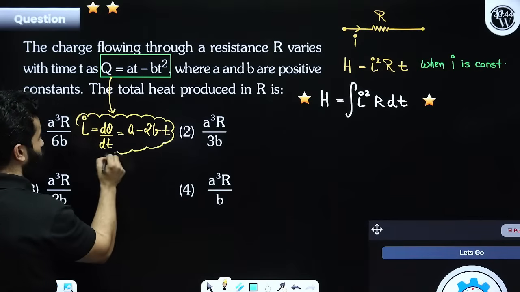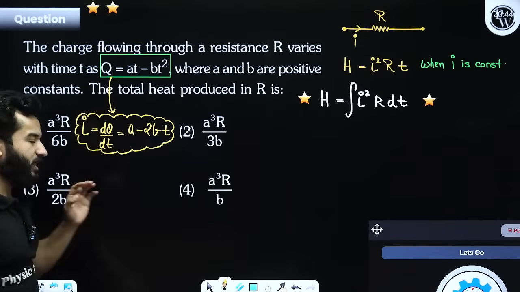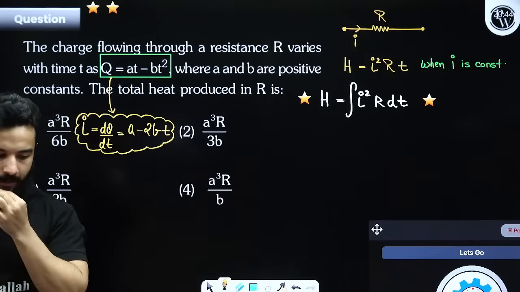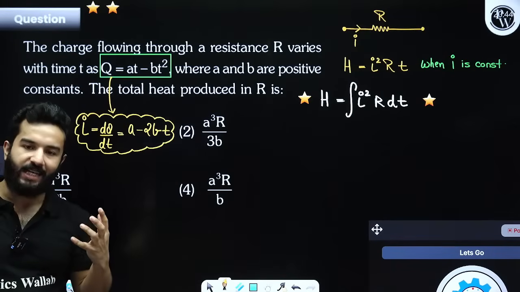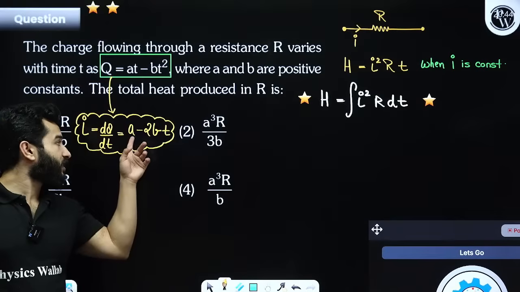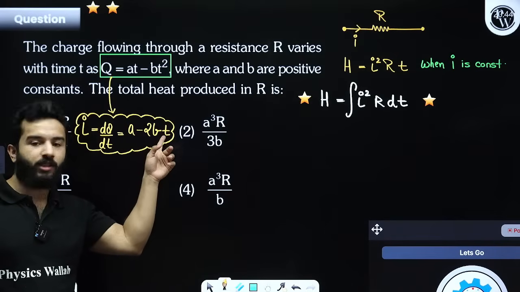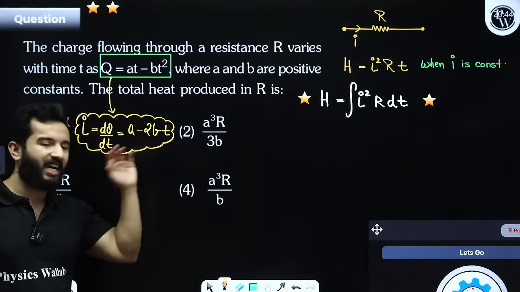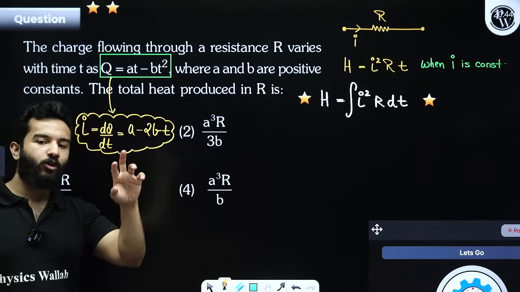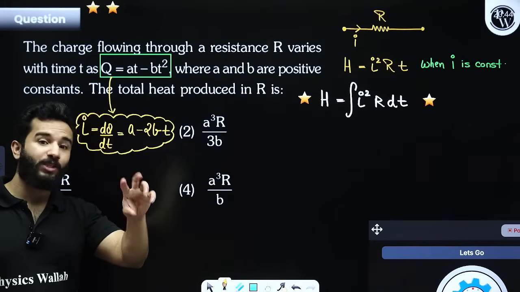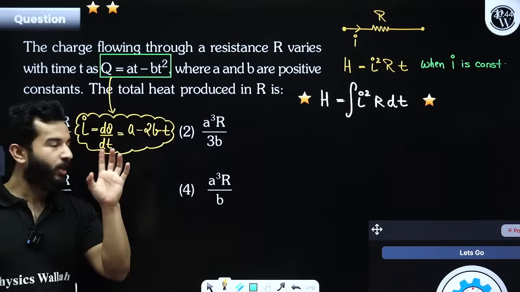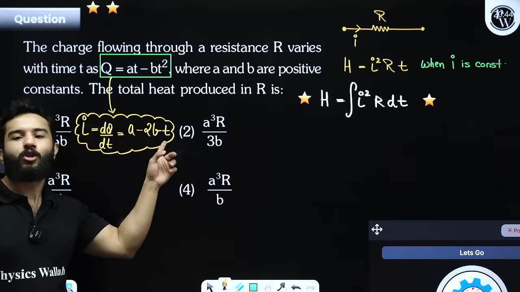A minus 2bt. See, whenever in physics any derivative equation, things like this come with a negative sign and time over there. You have seen this in kinematics also, where this means that velocity will become 0 at a particular time. So that means current will also become 0 at a particular time.